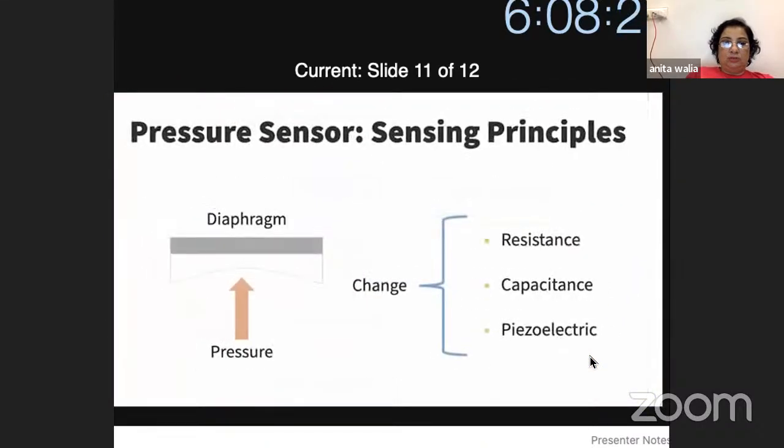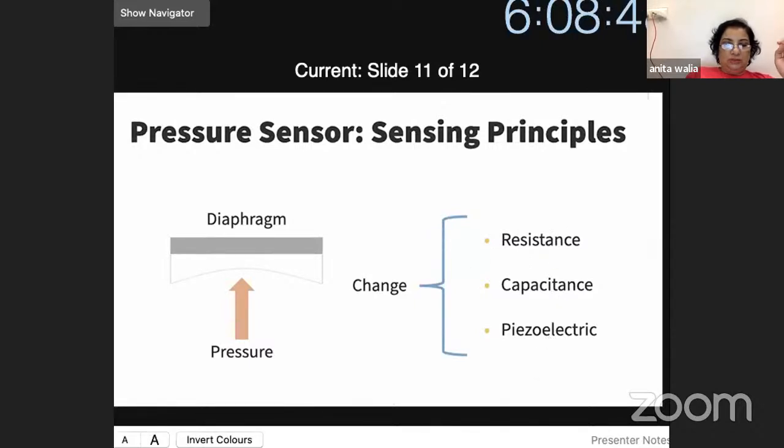Like I was telling you, whenever there is pressure applied to the sensing area, it will convert that pressure into electric and volt signals, and these signals can bring a change in the resistance, capacitance, and something called piezoelectric.